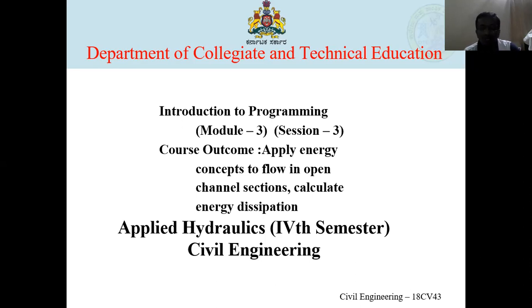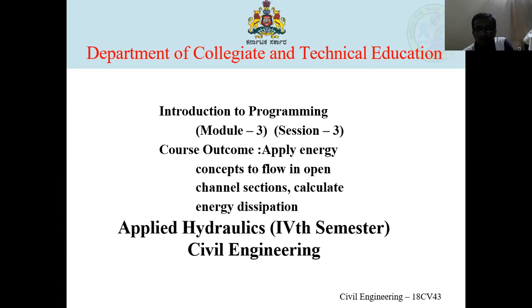And from that, as a continuation, we derive a relationship between y1, y2 as well as Froude's number. F1 stands for before jump, F2 stands for after jump. So we derive and show the relationship between y1, y2 as well as F1.